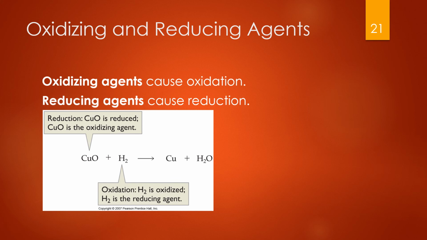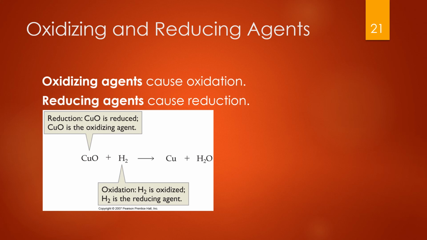So here we're just looking at the definitions of oxidizing agents and reducing agents a little bit closer. An oxidizing agent causes the oxidation. So that's why the element that is reduced is the oxidizing agent, because they're causing the oxidation of the other element. Reducing agents then cause reduction.